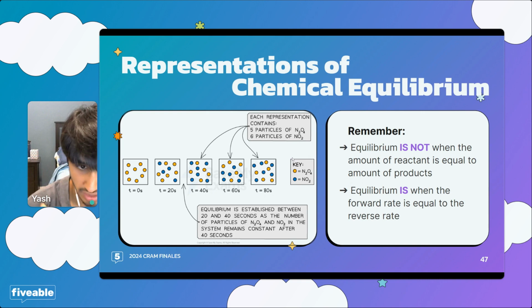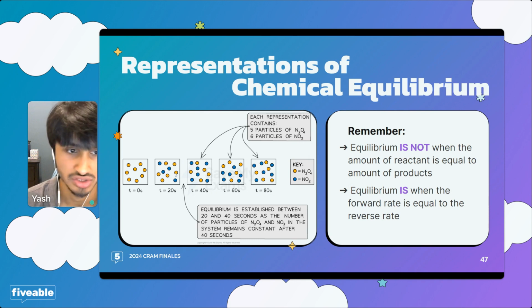Since these concentrations remain constant, we know equilibrium has been established by 40 seconds. Earlier, we have 4 blue particles, meaning 4 NO2 particles, and 6 N2O4 particles, so the concentrations are not at equilibrium. So in the period between 20 and 40 seconds, equilibrium has to be established.